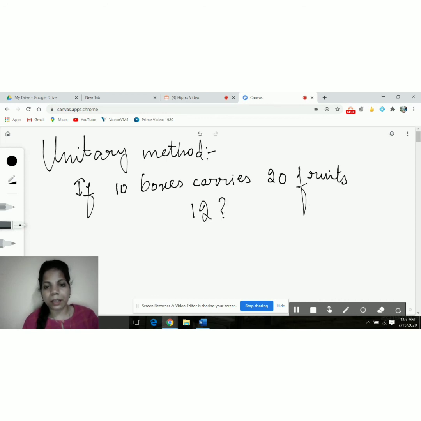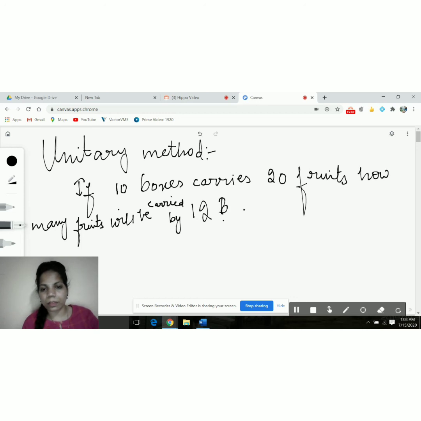Got it, children? If 10 boxes carries 20 fruits, then how many fruits will be carried by 12 boxes? Okay, 12 boxes.